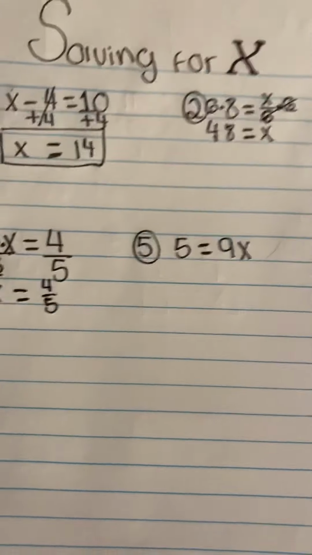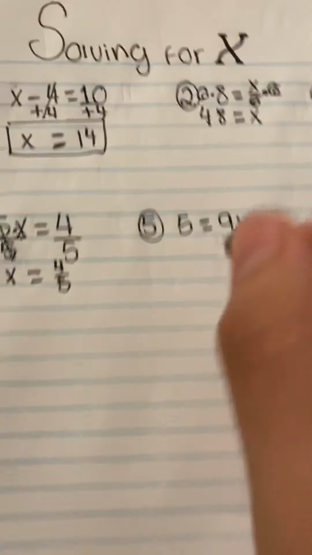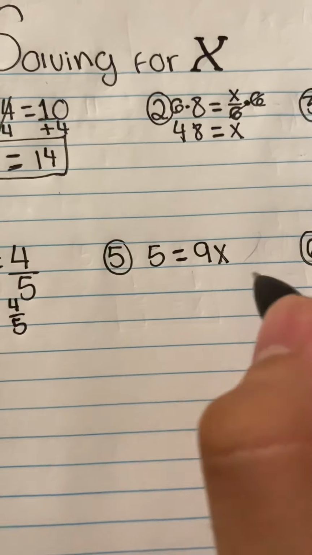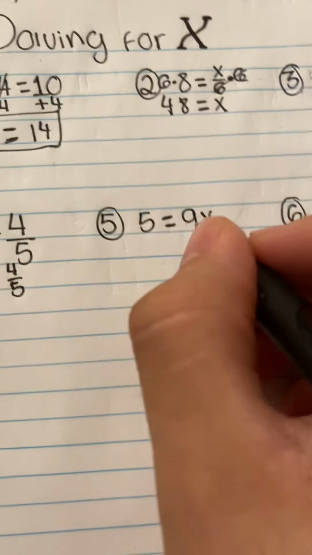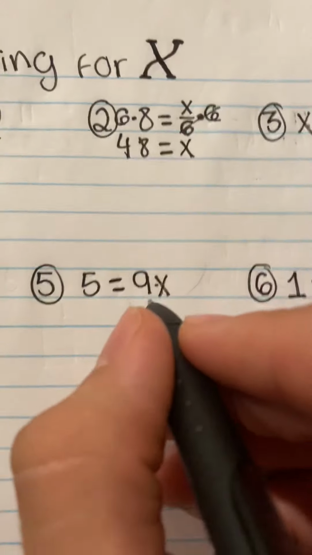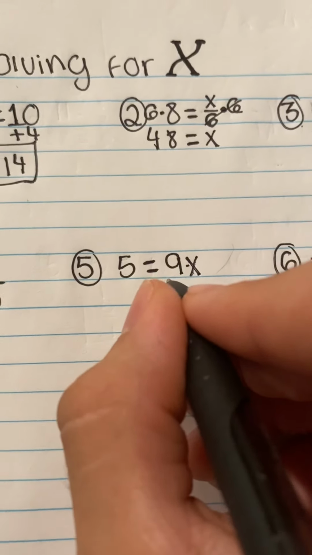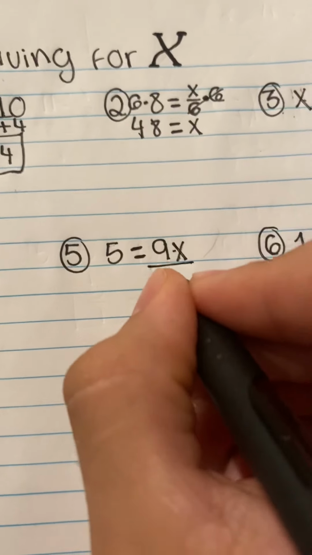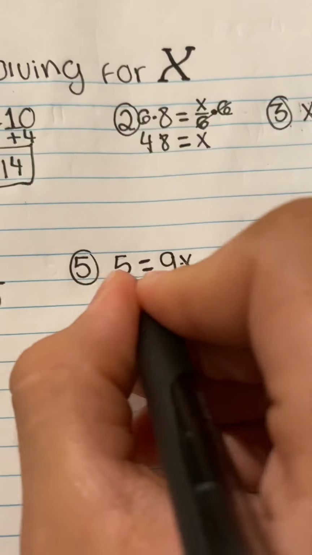Then number 5 tells you 5 equals 9 over x. So again, you want to leave x by itself, and here it's with a 9, and you're multiplying. When you're multiplying, inverse operation tells me that I need to divide by the same number, right? And whatever I do to one side, I must do to the other.